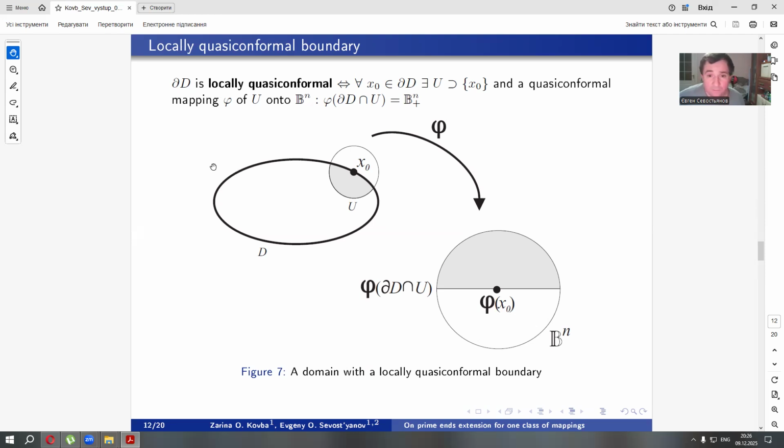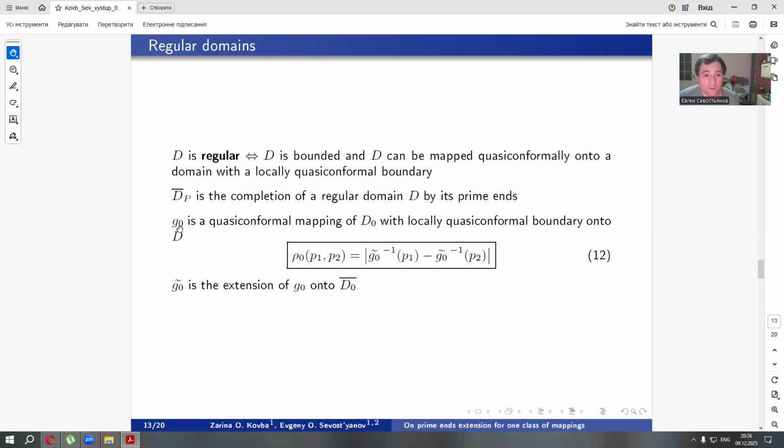But similarly, we may define the mapping G0.